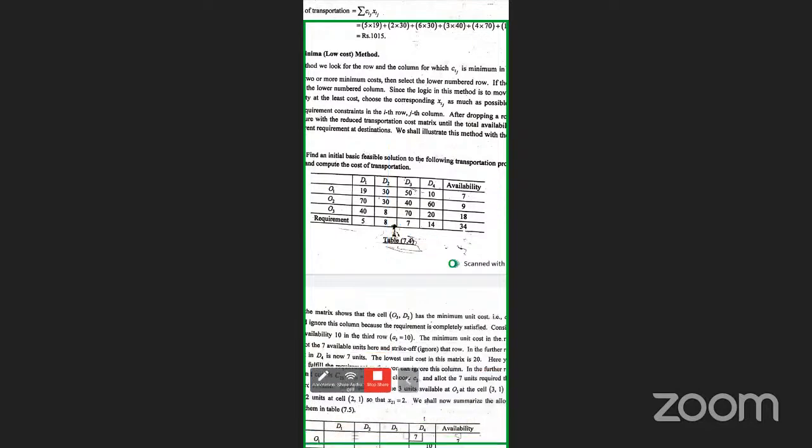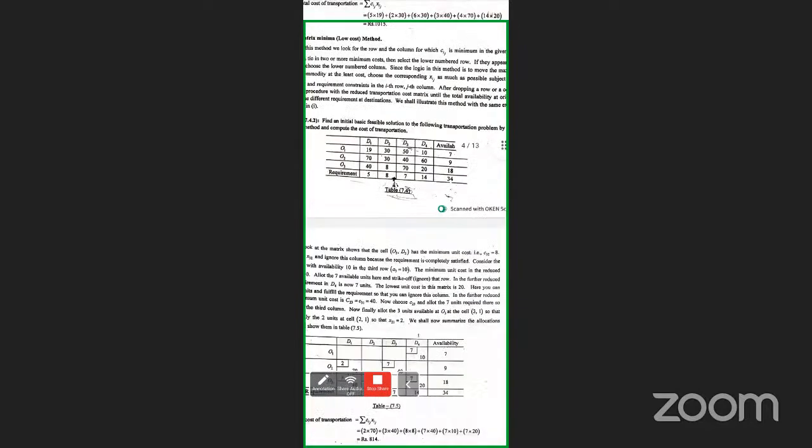The matrix shows that the cell O3 comma D2 has the minimum unit cost, that is the least cost in the entire table, C32 equals 8. Allot 8 units to X32 and ignore this column, because the requirement is completely satisfied, the column requirement is 0.